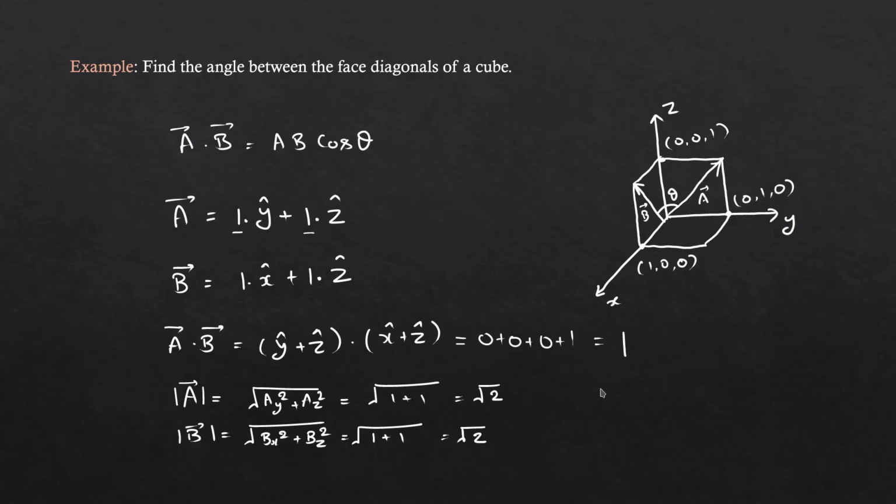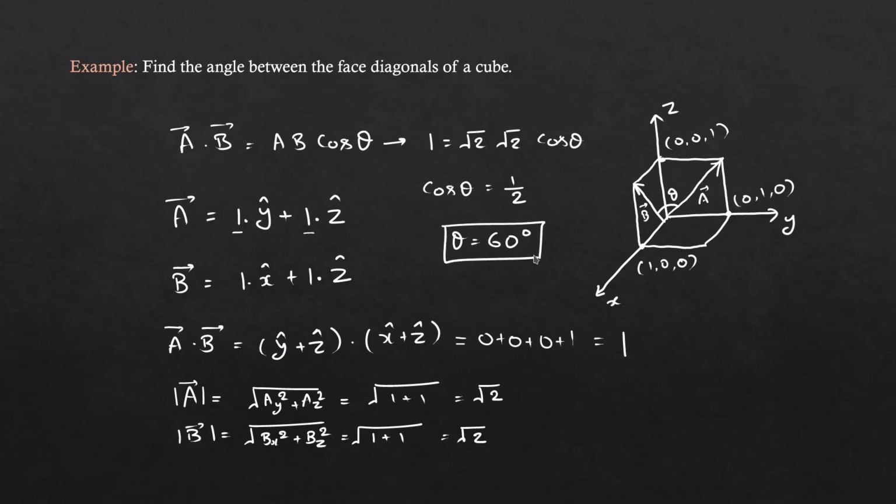So if we apply this formula, we have 1 equals root 2 into root 2 cos theta, or cos theta equals 1 by 2, or theta equals 60 degrees. So we have the angle between the two face diagonals of a cube.